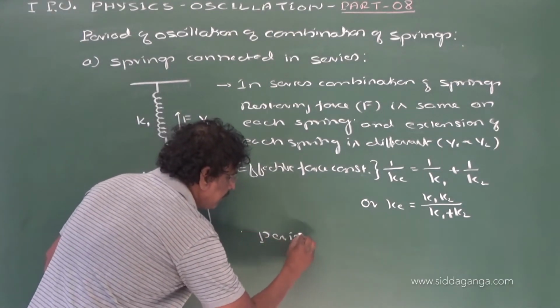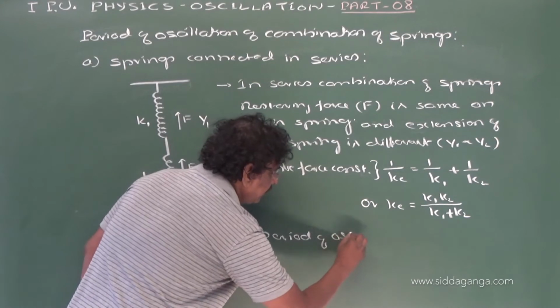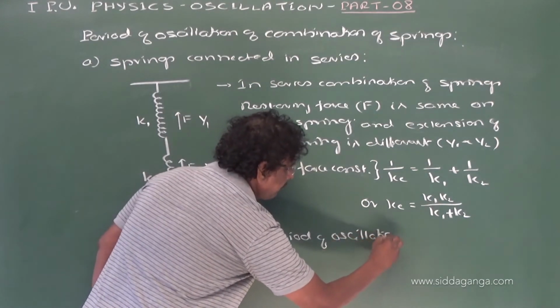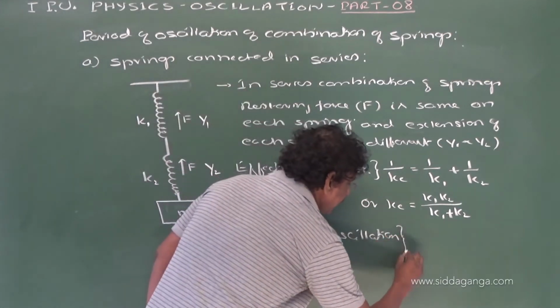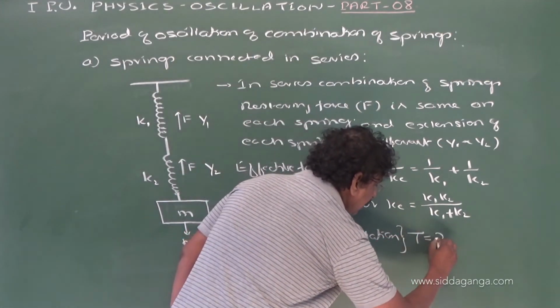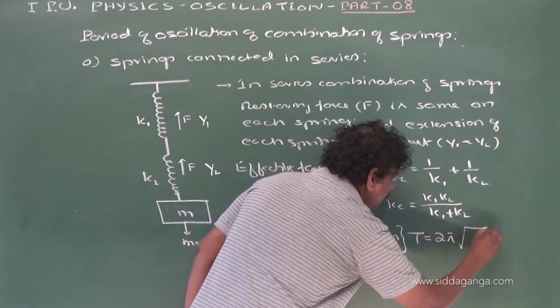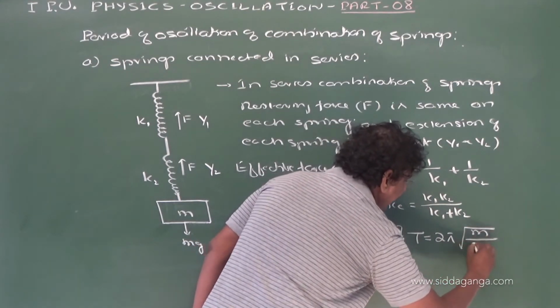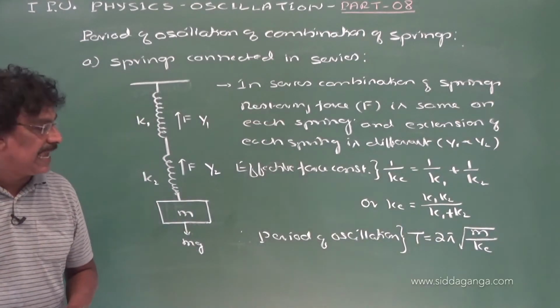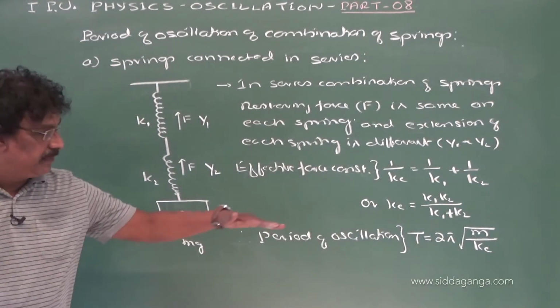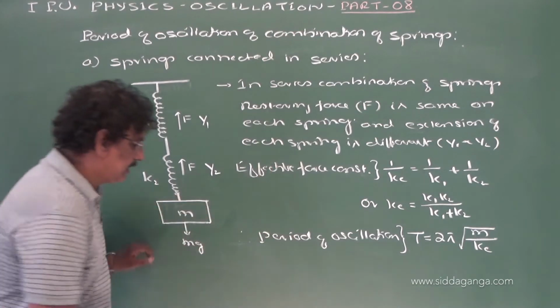Now the period of oscillation: T is equal to 2 pi into square root of m by Ke, where Ke is the effective force constant.